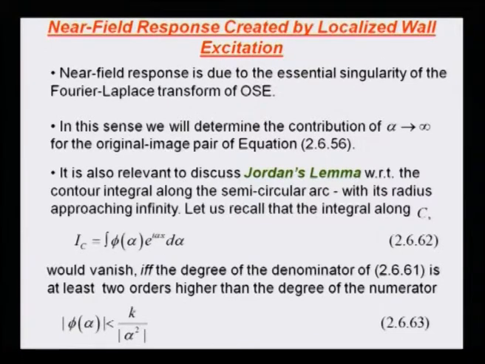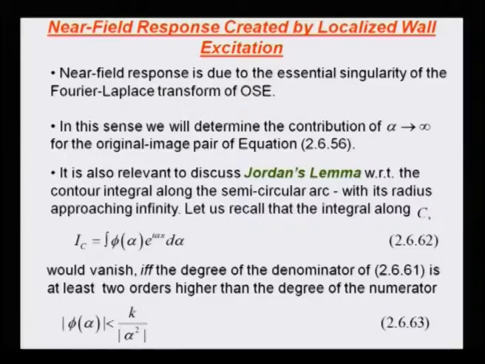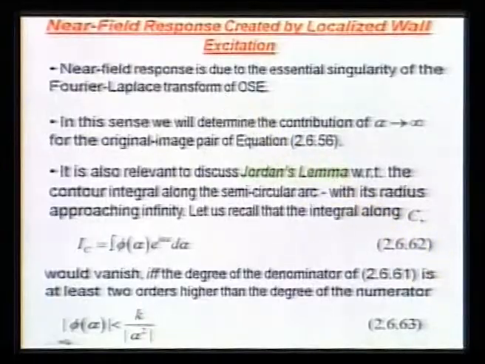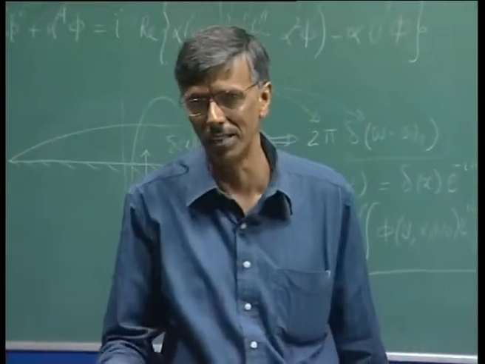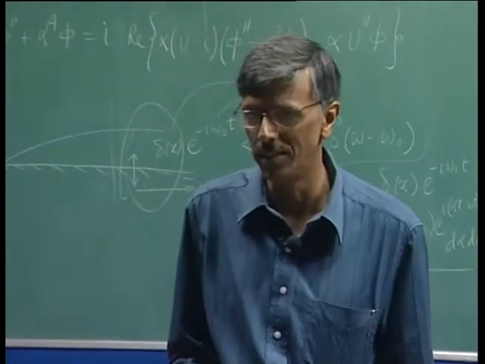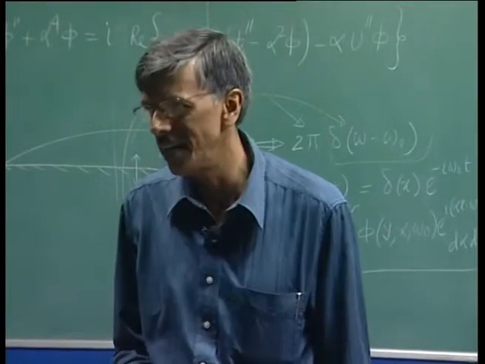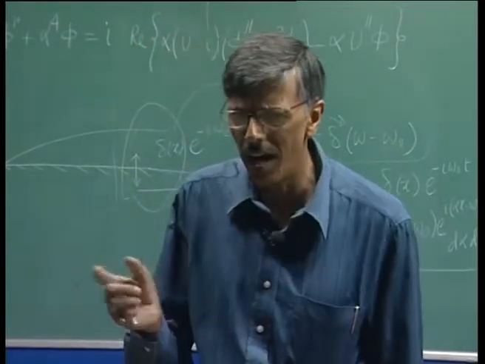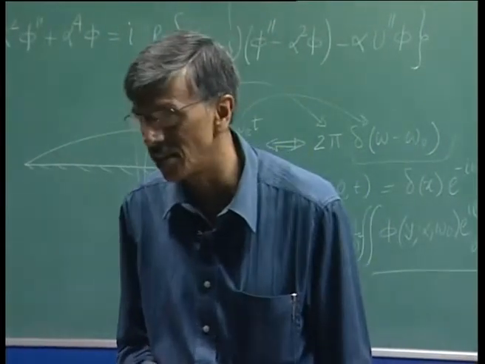Okay. Now, I already said that the near field response that we see is due to alpha going to infinity, and what is that called? That is called the essential singularity, that you have done in your complex analysis course, right? Like if I talk about e to the power z or sin z or cos z, they are not defined when z goes to infinity; those points are called the essential singularity.